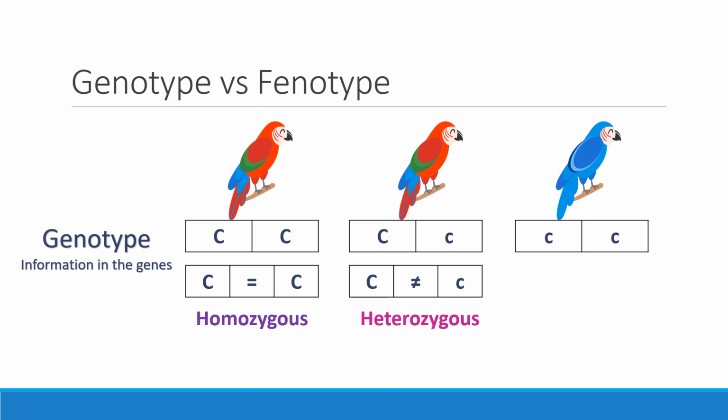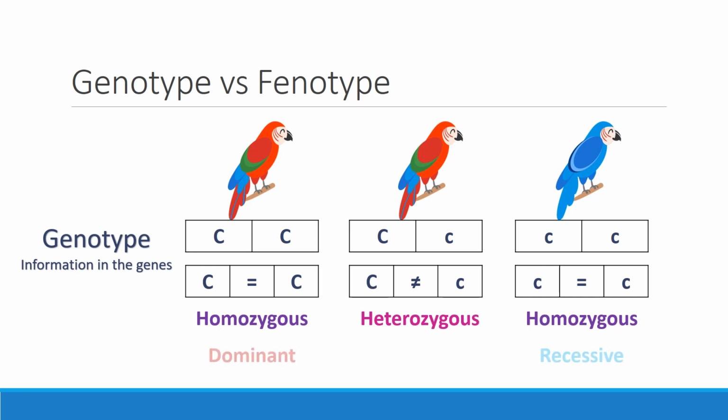Okay? So, this last one, regardless of it being the recessive gene, they are both the same, so we call him also homozygous. So remember, homozygous or heterozygous has to do with whether the genes are the same or different.